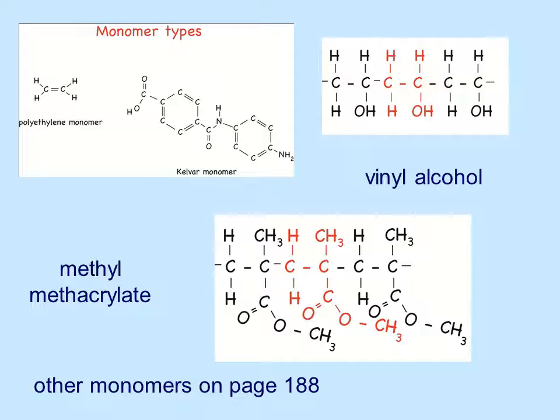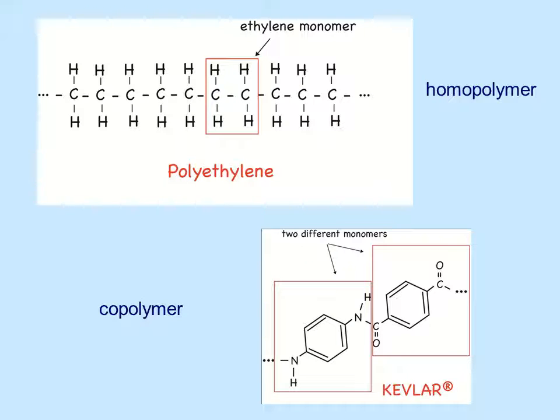Vinyl alcohol, methyl methacrylate. These are different materials that we can use, and you see the monomer indicated in the vinyl and the methyl methacrylate. The monomer is indicated in red, and you can see how these monomers link together to form polymers. Their monomers are found on page 188 of your book.